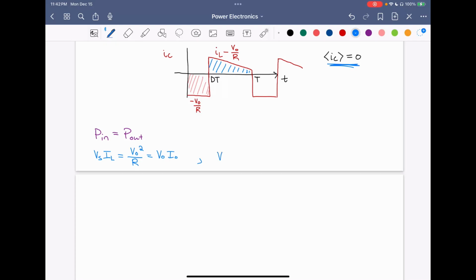So we know that V naught is equal to Vs over 1 minus D. So therefore, if we substitute this expression in for V naught here, we get that VsIL is equal to Vs divided by 1 minus D, squared over R.